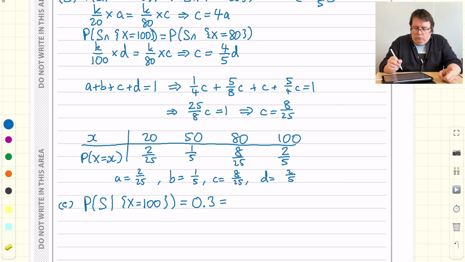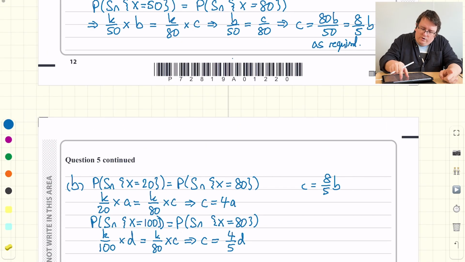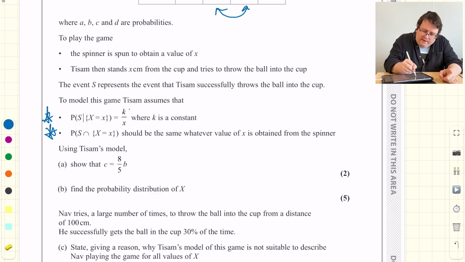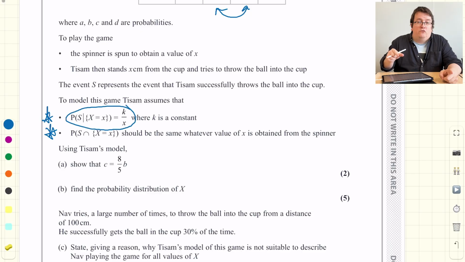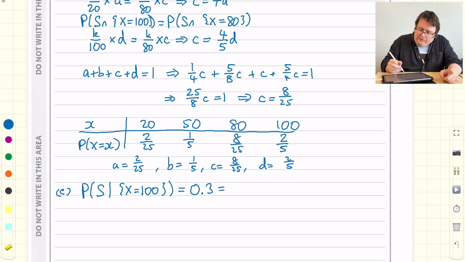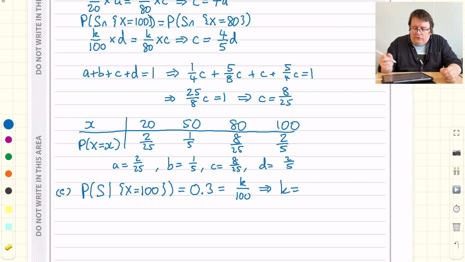And that's got to be equal to, because we had k over x, didn't we? So yeah, using this formula here, that was k over x. So that's got to be k over 100. So that implies that k is 0.3 times 100, which is 30.